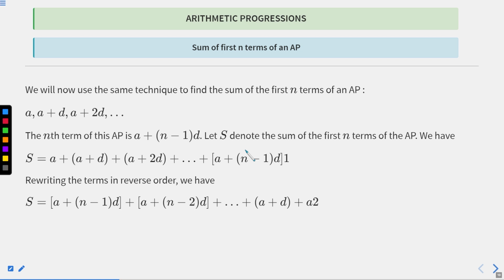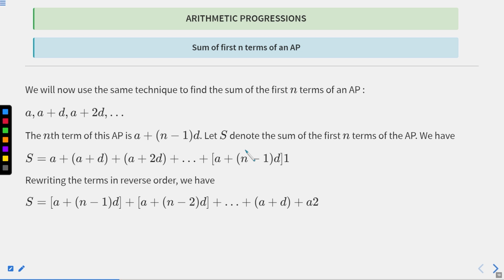The nth term of this AP is the first term A plus n minus 1 times the common difference D. Here, let S denote the sum of the first n terms of this AP.